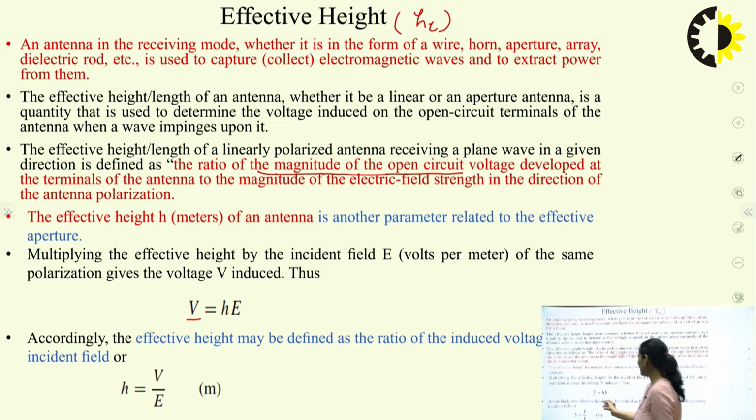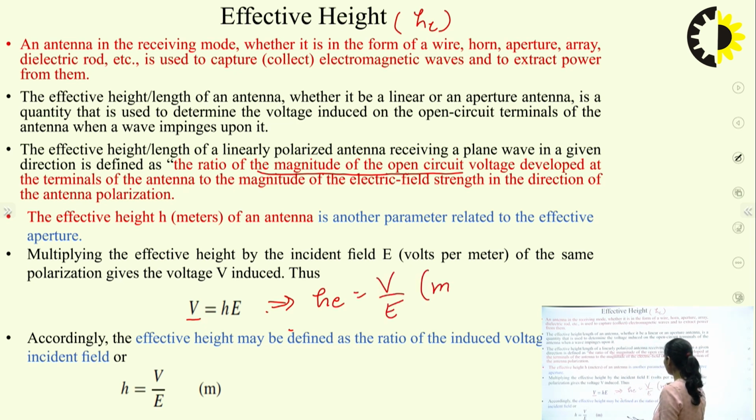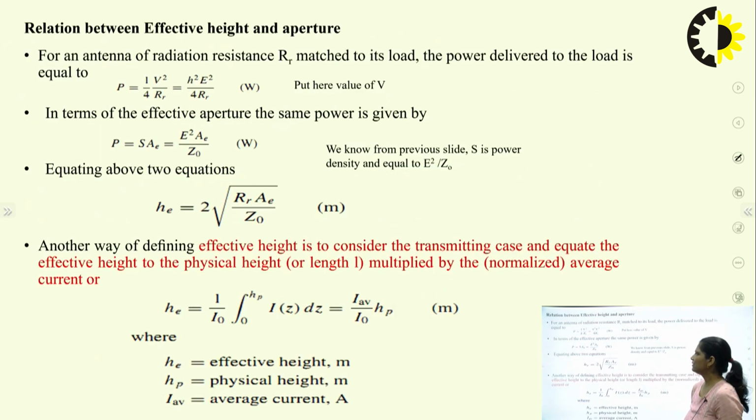So effective height may be defined as the ratio of the induced voltage to the induced field. From this equation, effective height is equal to V upon E. Effective height you can measure in meters.